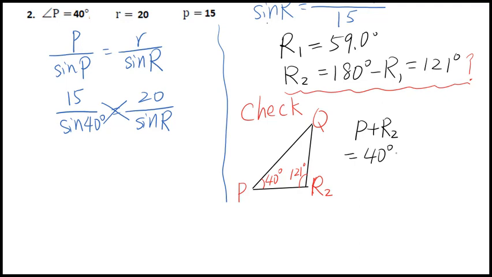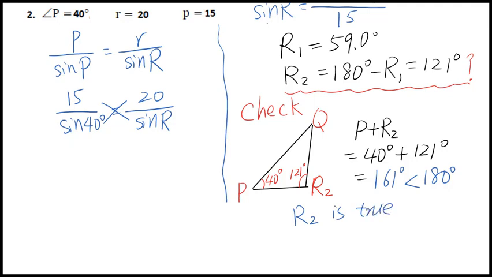Therefore, 40 degrees plus 121 degrees equals 161 degrees, less than 180, which means R2 is true. Or you could write down R2 does exist. In other words, we have two triangles for this SSA pattern.